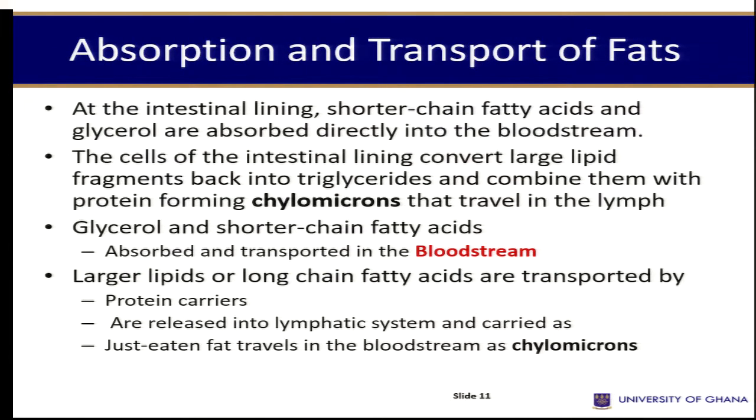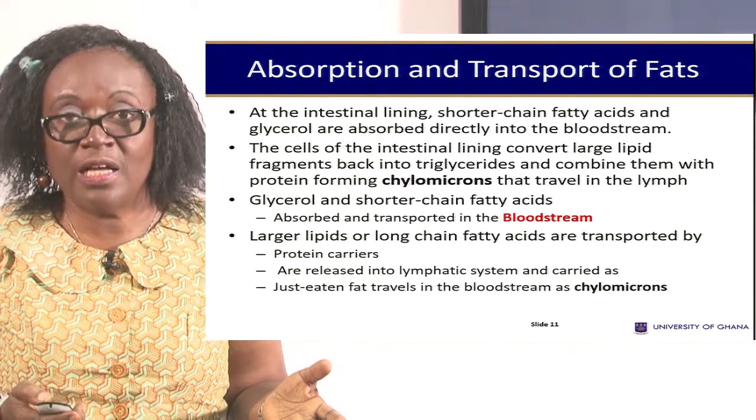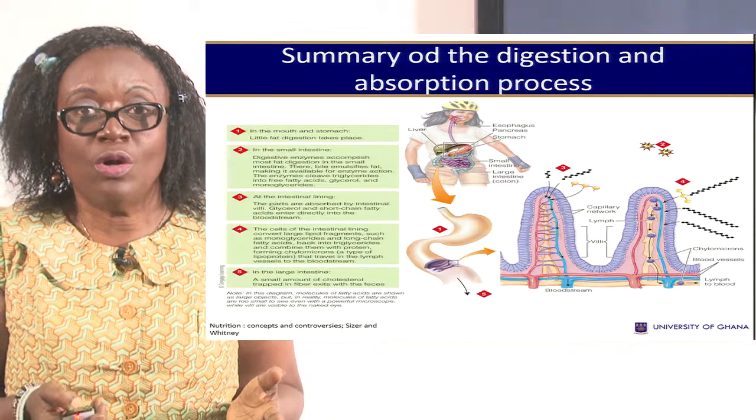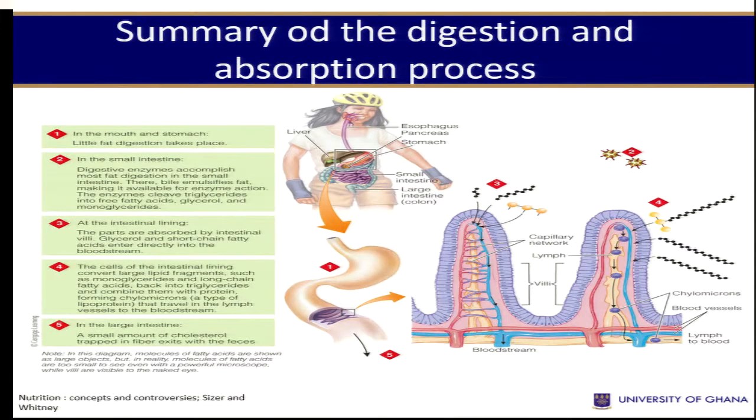Then within the bloodstream, it moves as chylomicrons into the different parts of the body, and then metabolism takes place, where we need to synthesize new fatty acids that provide the chains, and then new ones are synthesized.